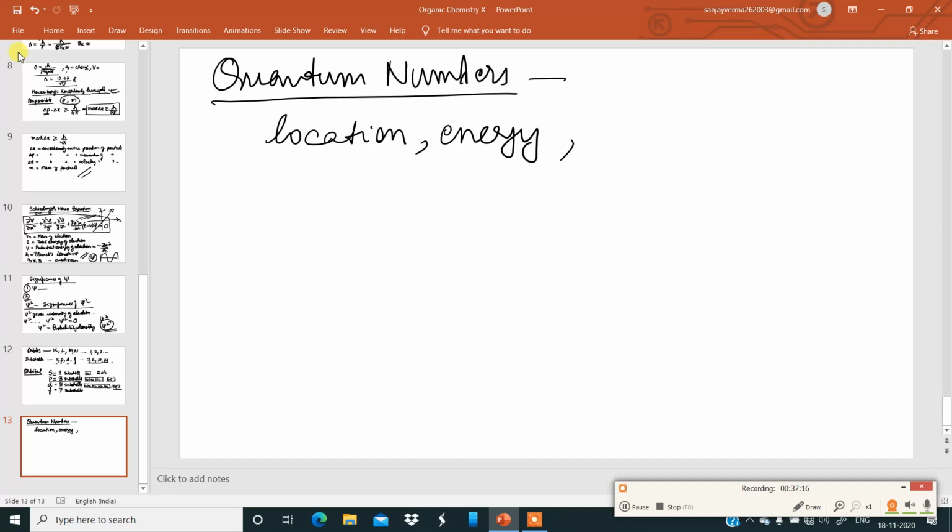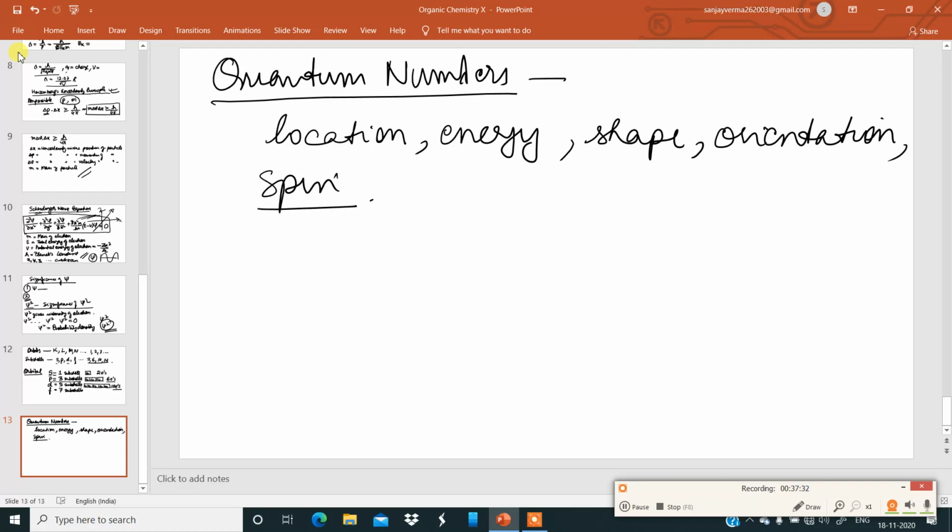The quantum numbers help us know the shape of the electron. It helps us know the orientation of the electron. It helps us know about the spin character of the electron. So a lot of information is provided by the quantum numbers: location, energy, shape, orientation, and spin.